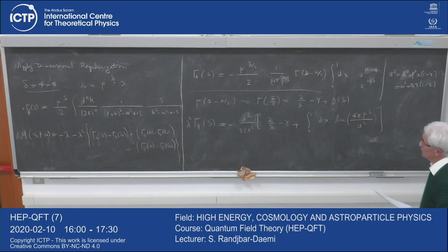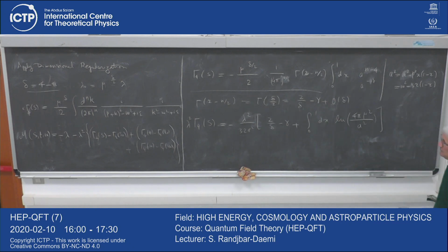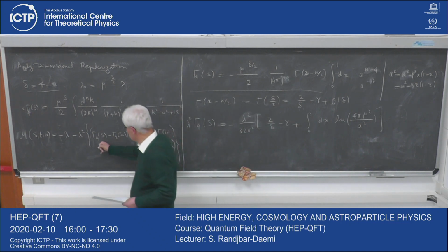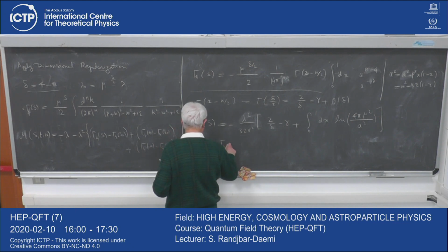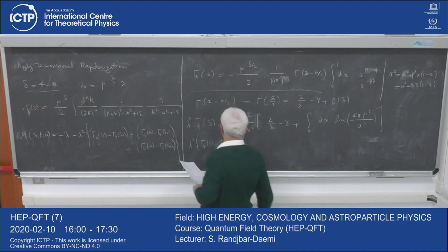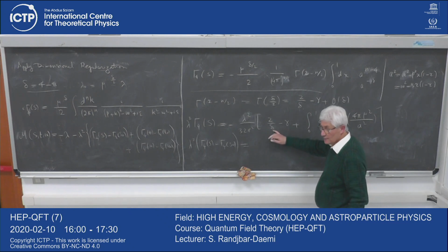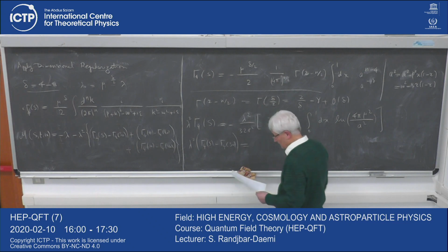So when delta goes to 0, there is a singular piece here plus a finite remainder. And clearly, what you want to insert here is lambda squared gamma 4 at s minus gamma 4 evaluated at 0. The singular piece does not depend on the center of mass energy, therefore it doesn't matter whether you evaluate it at s or at 0, it will just cancel out.